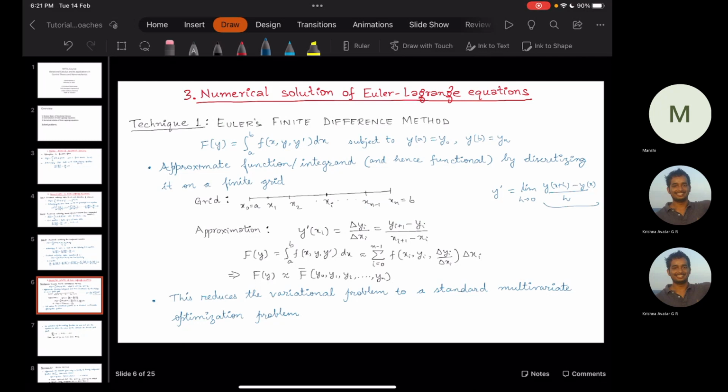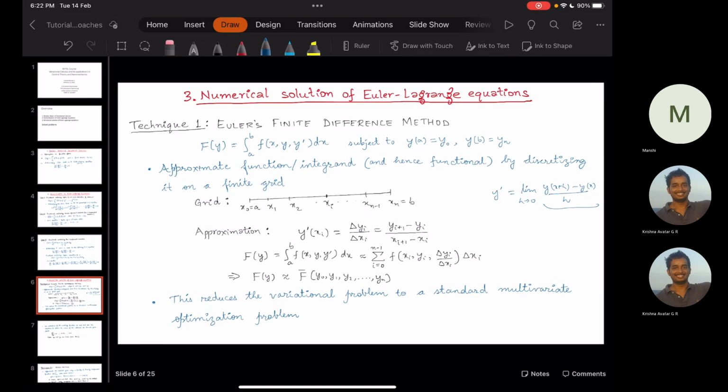This gives us the expression for the derivative that we often see in calculus. But from a numerical perspective, we may not have the exact derivative of this function. What I'm trying to say is I don't want h to go to 0.